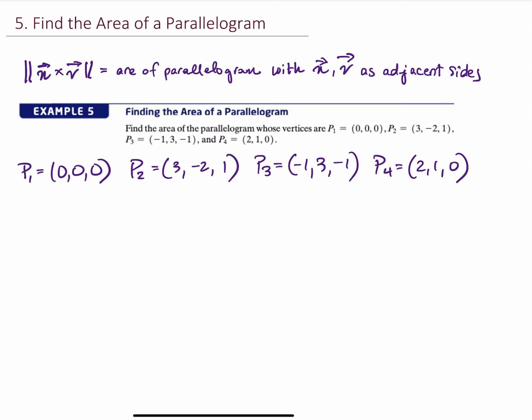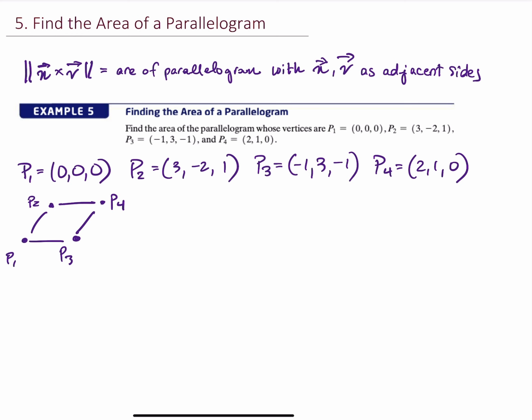We need to imagine which sides will be adjacent, just to give a visual image. We have the four corners of some parallelogram. So let's just call this P1, P2, P3, and P4. It might not work out that way, but just to give some kind of visual representation.